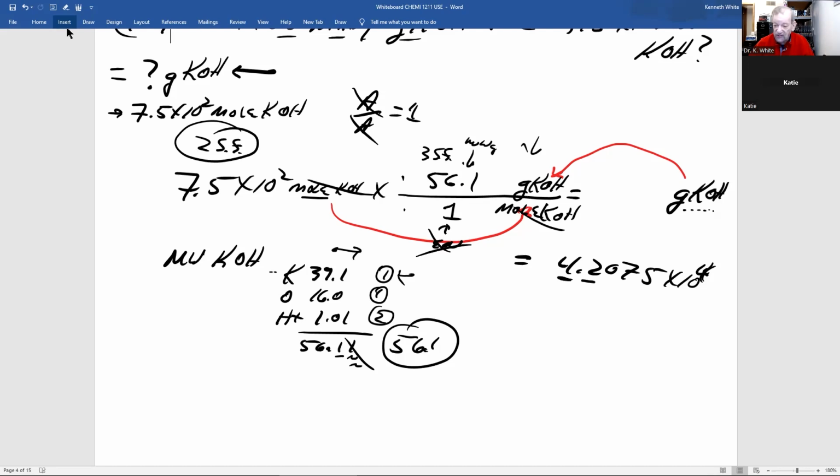If you want to do this on your own, press pause on the video and then do it and turn it on again. Use the 0 to round off, that's 4 or less. Drop that, and the correct answer is, so if I need 7.2 times 10 squared moles of KOH, I'd weigh out 4.2 times 10 to the 4th grams of KOH.